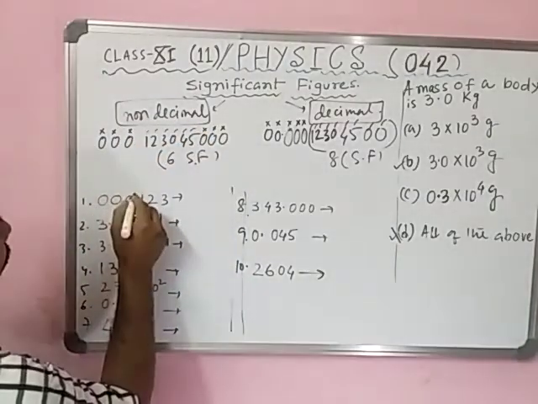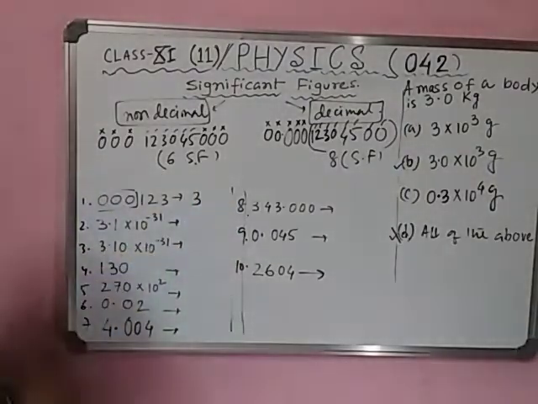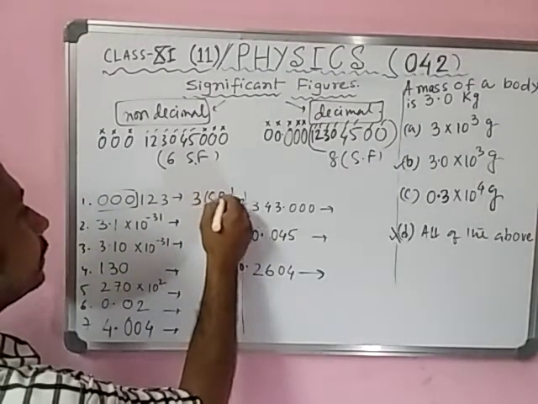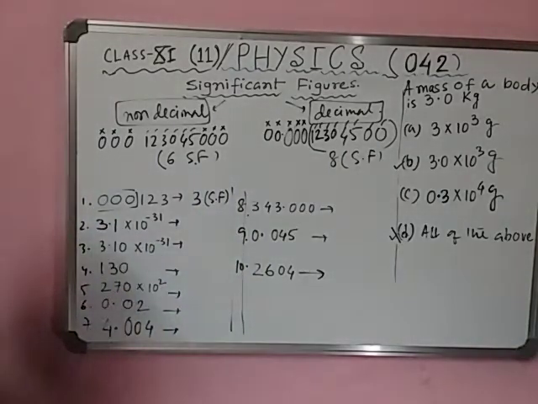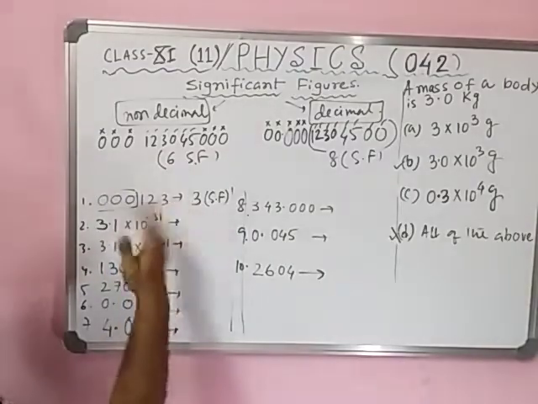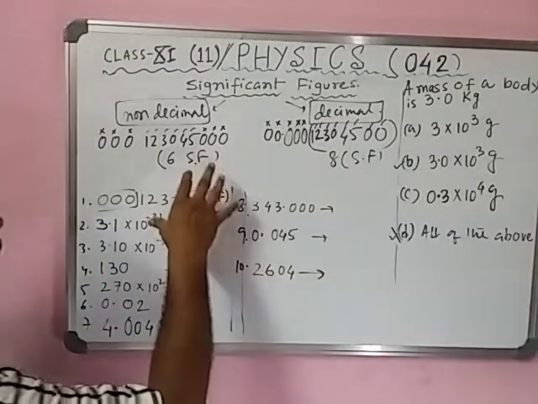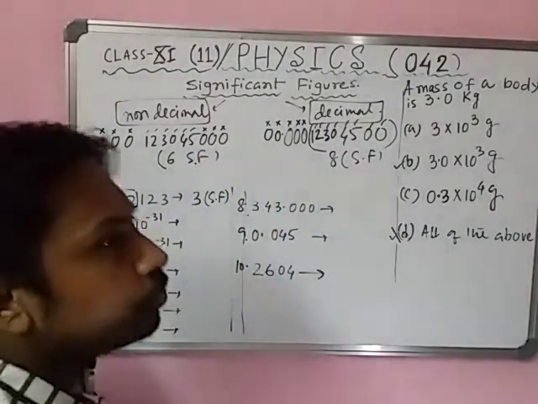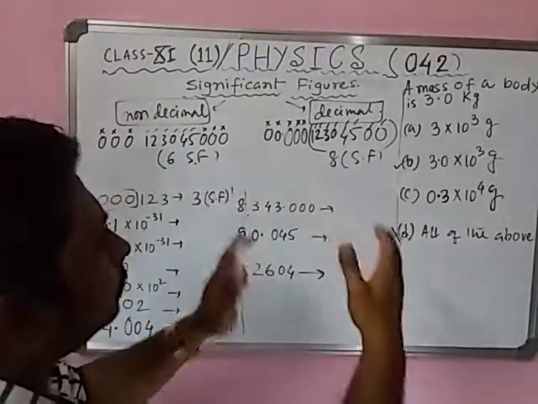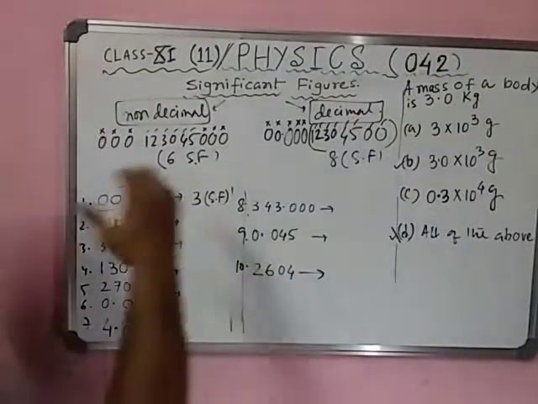Done. Now see, this first number is a non-decimal number, so you can ignore the zeros. So it is 1, 2, 3, 3 SF. Now take the number 3.1 into 10 to the power minus 31, the mass of the electron. In that case you can ignore the power of 10, because the number of significant figures does not depend on the unit.